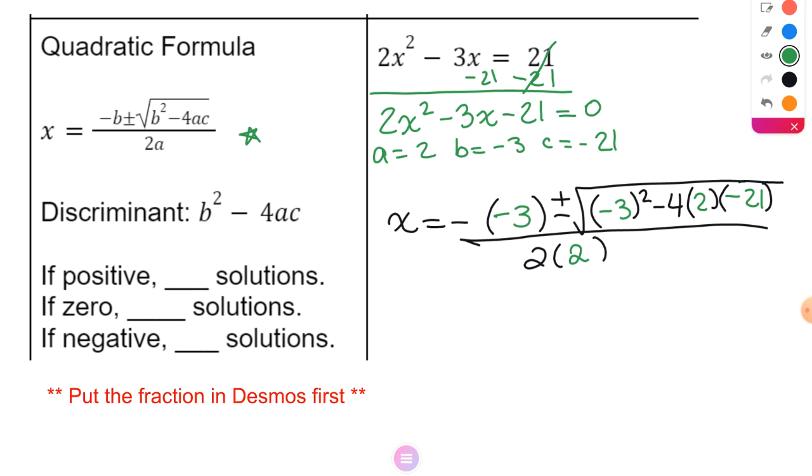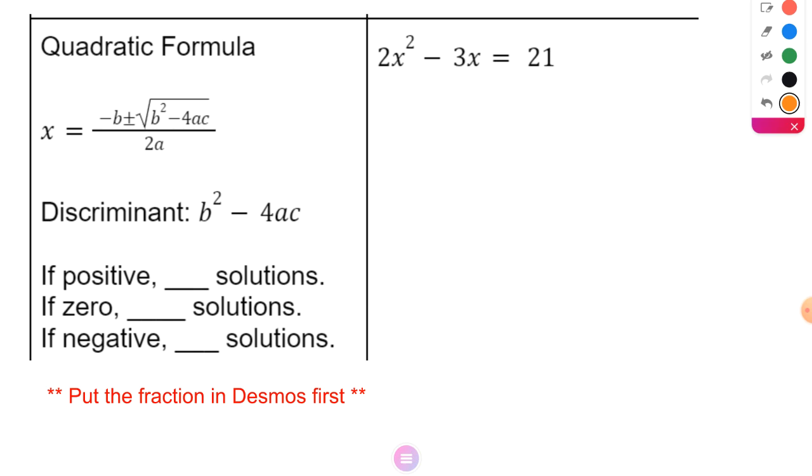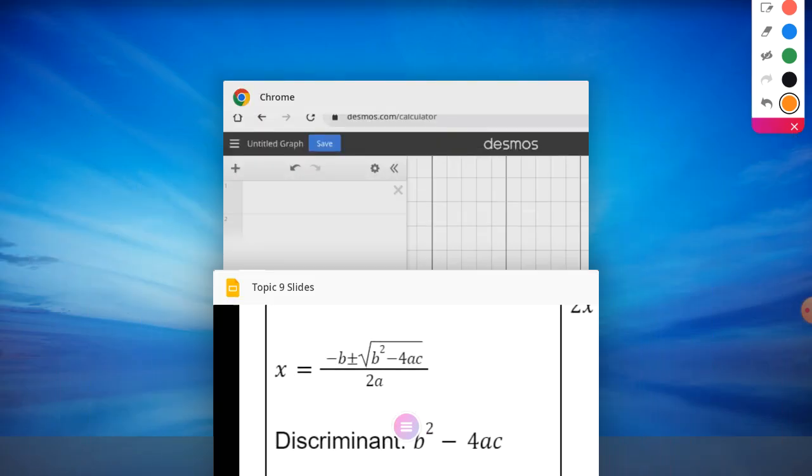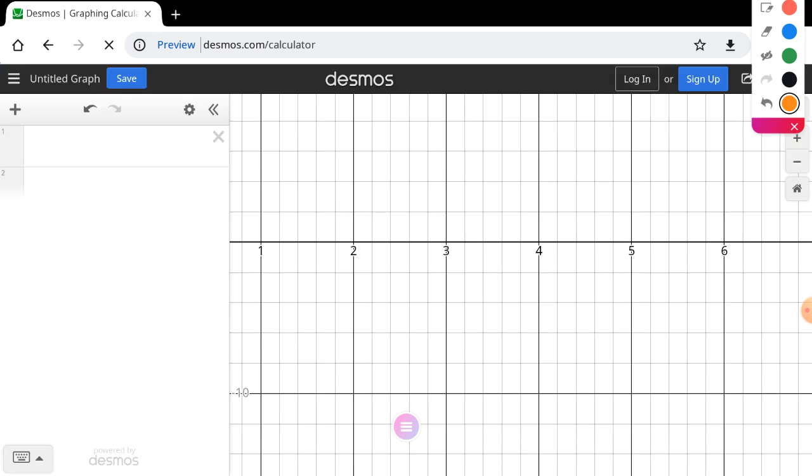Okay, we drop that into Desmos, and then we get our two separate answers. Round to the nearest hundredth unless told otherwise. And notice the reminder down here, put the fraction in Desmos first. All right, so over to Desmos I go. All right, so it's working really hard.